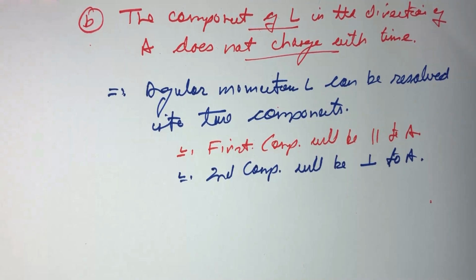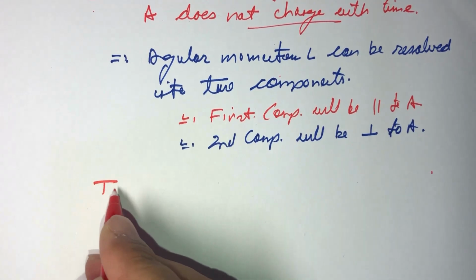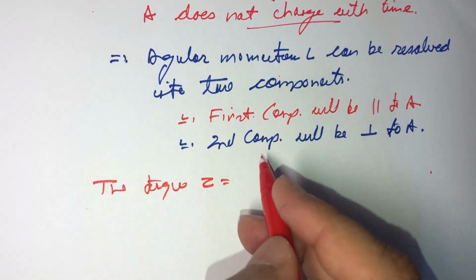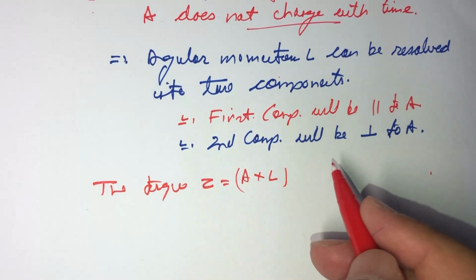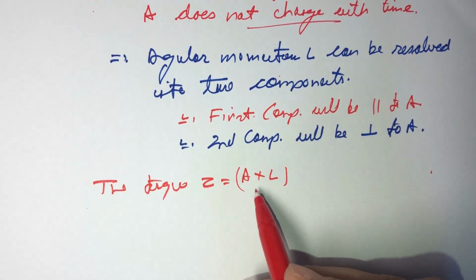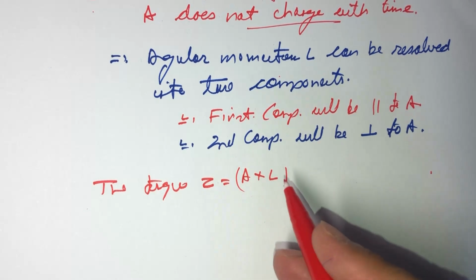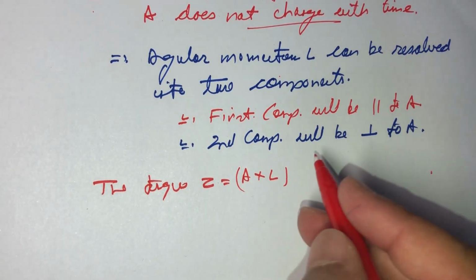And for the given question, it is given that the torque tau, given as A cross L, affects only the component of L which is perpendicular to A, because the direction of the torque will be A cross L, that is perpendicular to both A as well as L, as we proved in the first part. Okay.